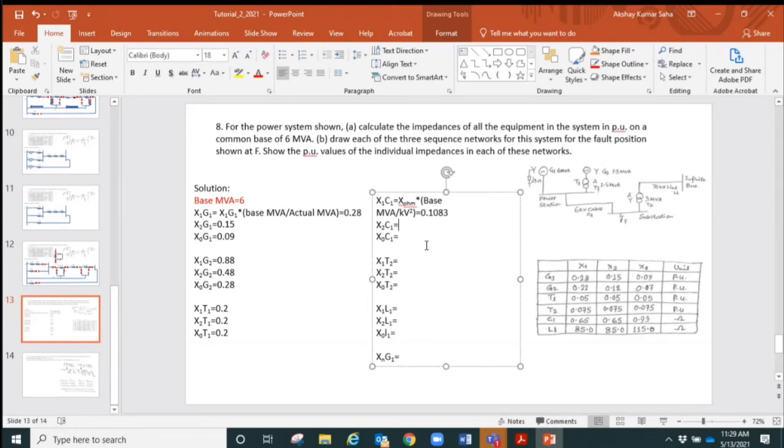Actual MVA is written on the equipment. Actual MVA is the actual MVA rating of the equipment, like for example motor, generator, transformers.